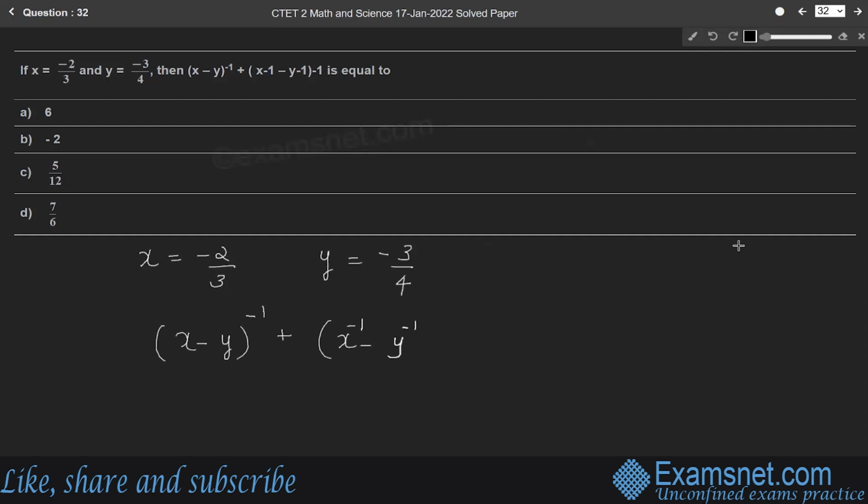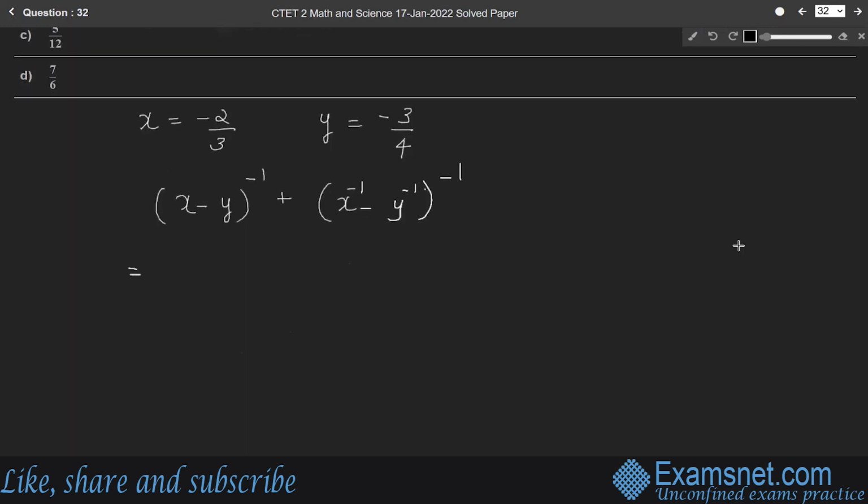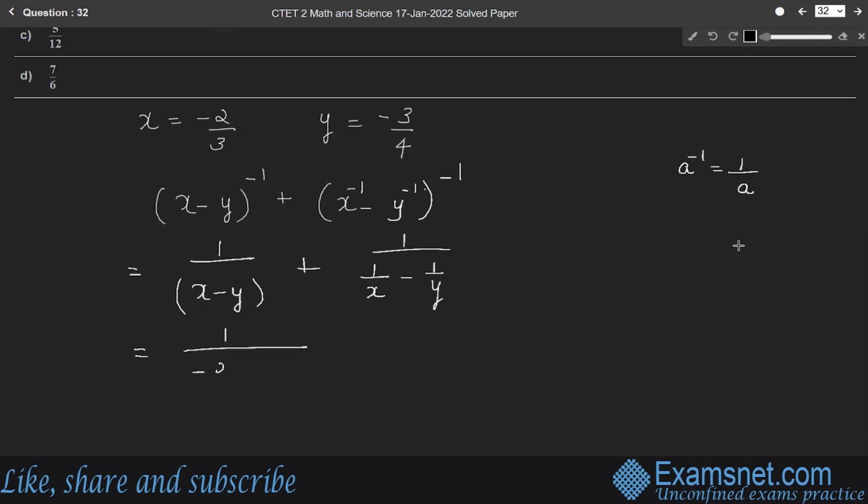So any number's negative power is equal to its reciprocal. That means a raised to minus 1 is 1 by a, right? Therefore, 1 by (x minus y) plus 1 by (1 by x minus 1 by y), which is equal to, so 1 by x is minus 2 by 3, so minus of minus is plus 3 by 4, right?